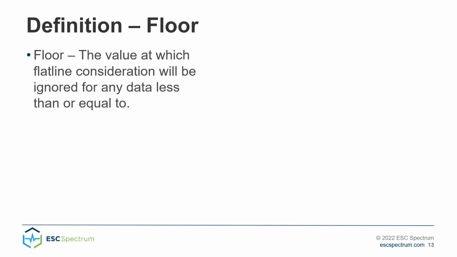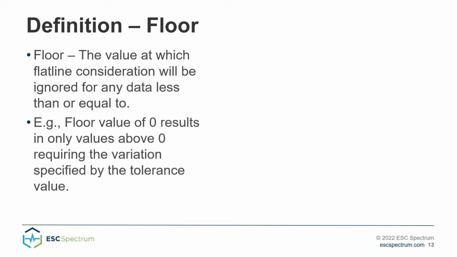The next setting is going to be floor. This is going to be the value where flatline consideration is going to be ignored if the data is less than or equal to that value. So if we had a floor value of 0, only values above 0 would require the variation specified by the tolerance.